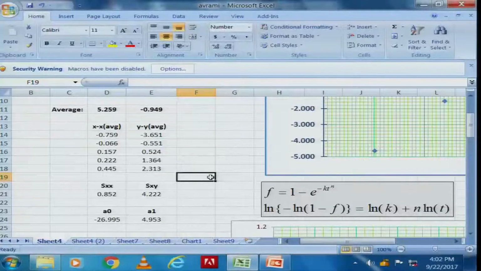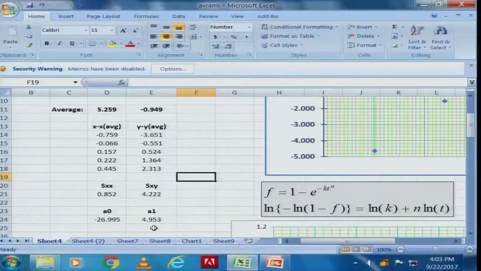Continuing with the last lecture, where we had shown how to obtain the best fit parameters A naught and A1 of the linearized equation of the Avrami relationship, we had obtained A naught, which is natural log of k, as minus 26.99, and the parameter A1, which is nothing but the slope n in the Avrami equation, of 4.95.